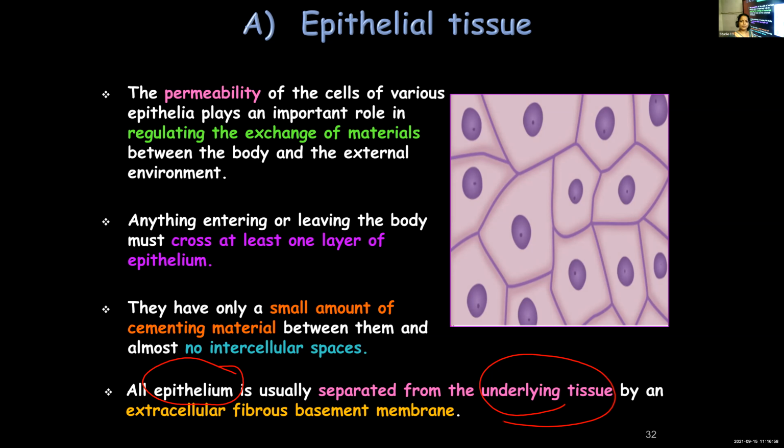Beneath that, there are so many tissues. So what is separating epithelial tissue from the underlying tissues? An extracellular fibrous basement membrane. Got it? Extracellular fibrous basement membrane will separate epithelial tissue from the underlying layers. Is it clear? So that you should know.